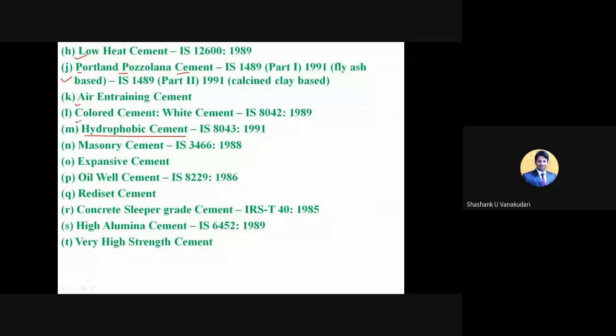And then colored cement, hydrophobic cement, masonry cement, expansive cement, oil well cement, ready set cement, and then concrete sleeper grade cement. See the names, somewhere it is related. High alumina cement, very high strength cement. Okay, so these are the different types of cements you can see in our daily life. We'll study one by one now.